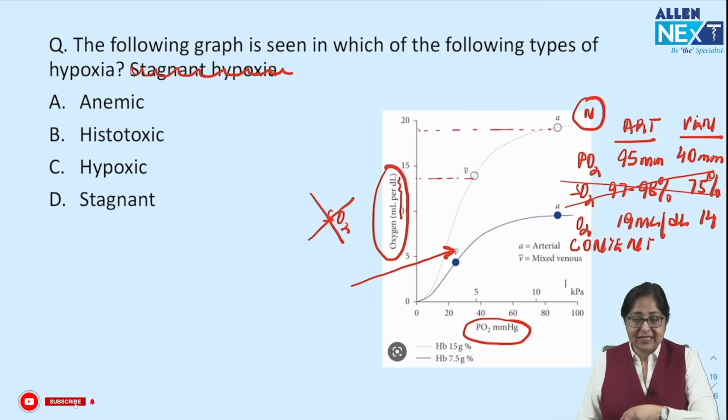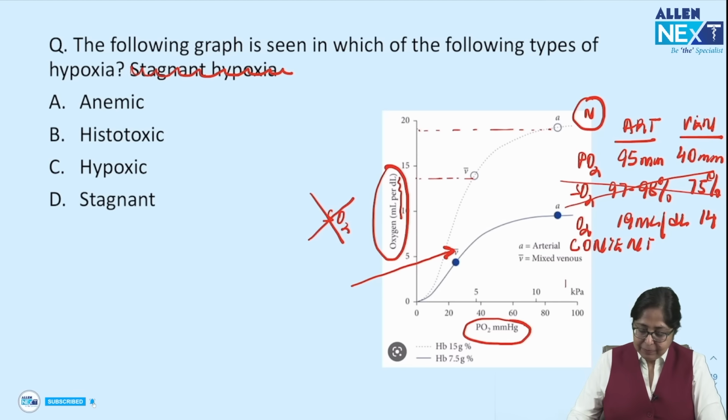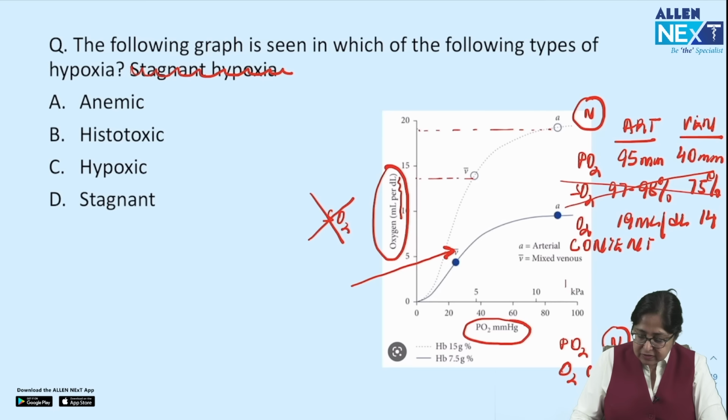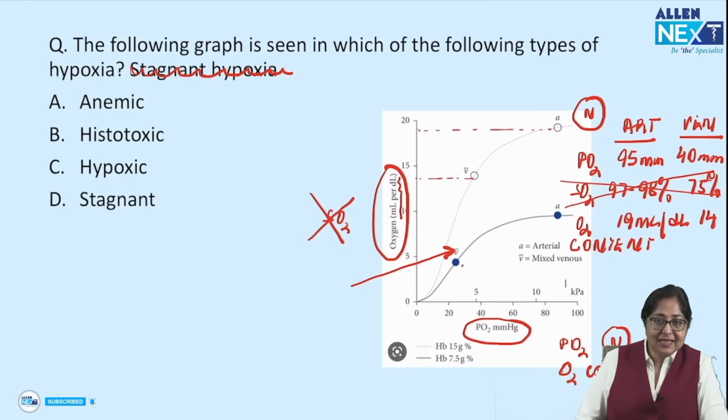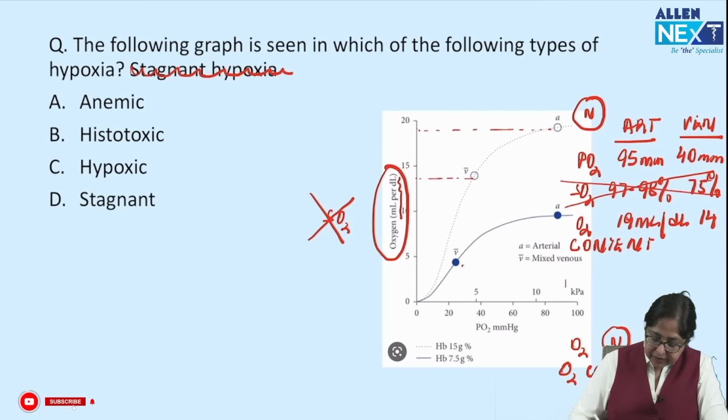So what you can see over here is, in this abnormal graph, the PO2 is normal, but the oxygen content is reduced. This is the arterial blood.